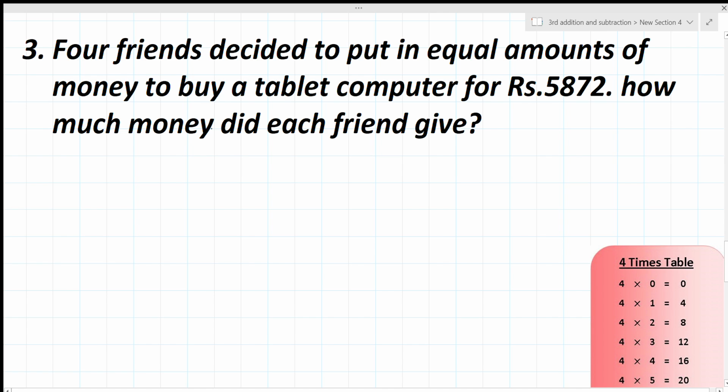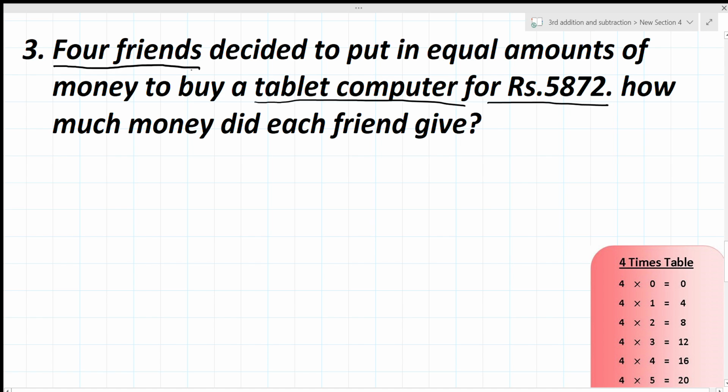How much money did each friend give? Listen, 4 friends have decided to buy a tablet computer and the cost of the computer is 5,872. So we have the total amount and 4 of the friends are going to share the money.